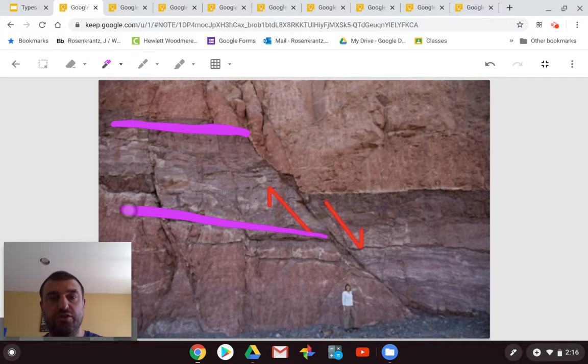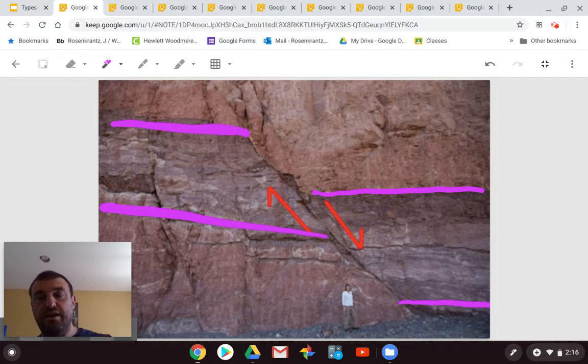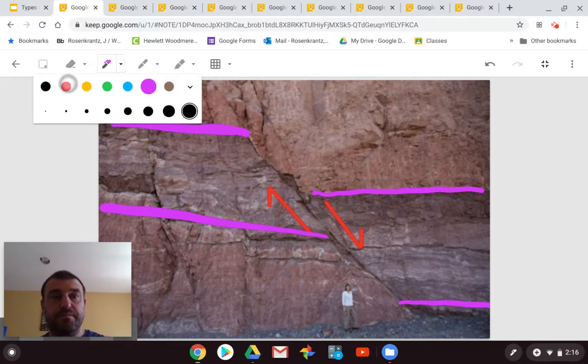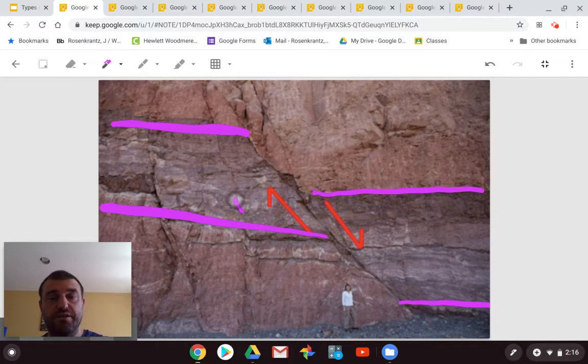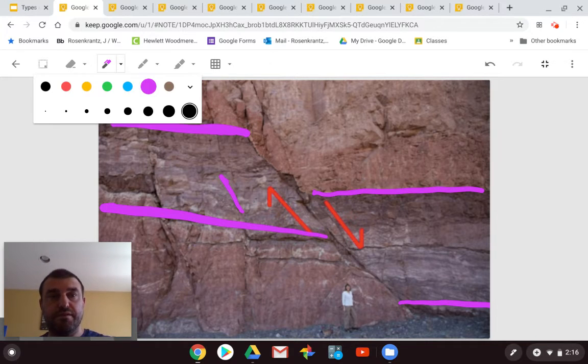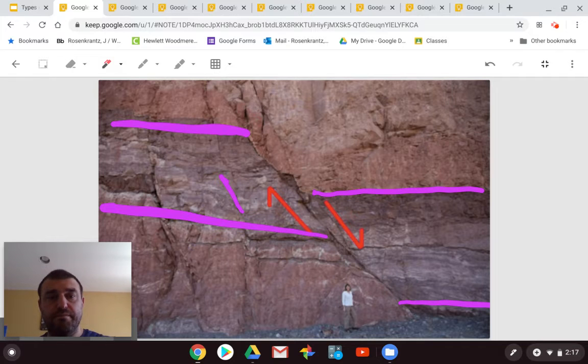So this unit of rock right here is the same as that unit of rock. You will see the matching colors. So this chunk on the left got moved up. That's what that arrow is trying to show. And this one got moved down.